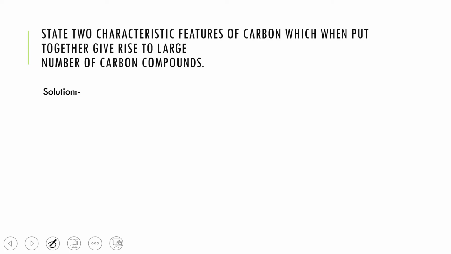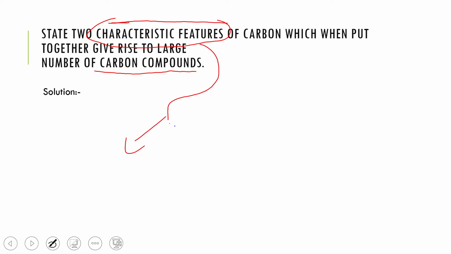State two characteristic features of carbon which when put together give rise to large number of carbon compounds. So why are these carbon compounds formed? So we need to figure out the characteristic features. There are just two characteristic features.